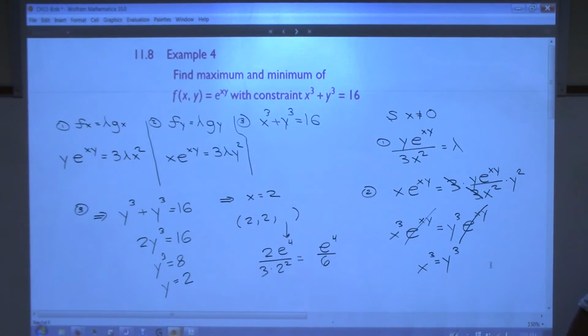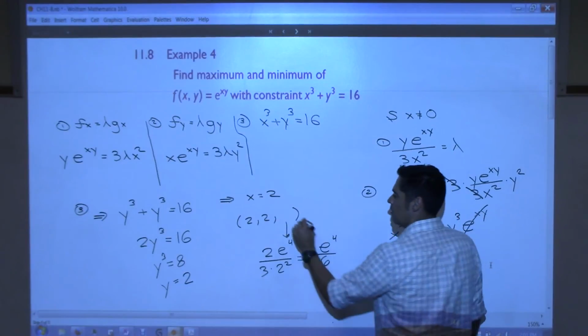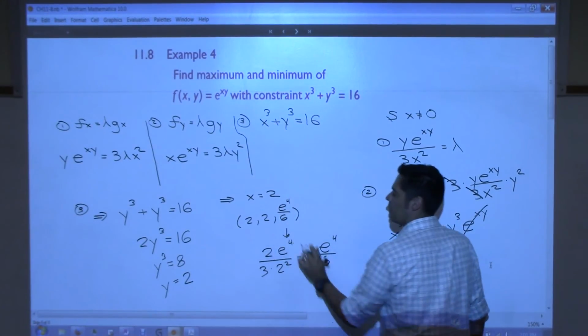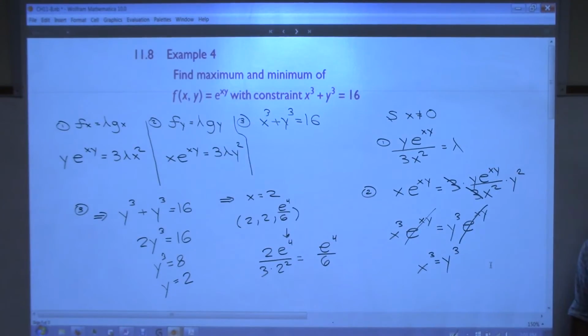Whatever that is, who cares what it is. But there is a lambda, e to the 4 over 6. Everyone understand? All right.